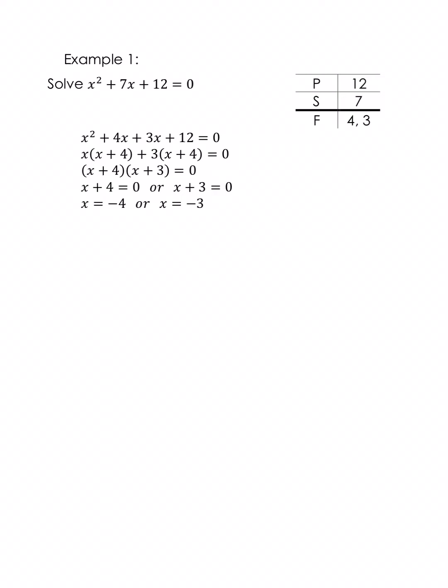The common factor of the first pair is x outside of x plus 4. Out of the second is 3 outside of x plus 4, giving us two brackets: x plus 4 times x plus 3 equals 0. Then we let the first bracket equal 0, so x plus 4 equals 0, or the second bracket x plus 3 equals 0, giving us solutions of x equals minus 4 or x equals minus 3.